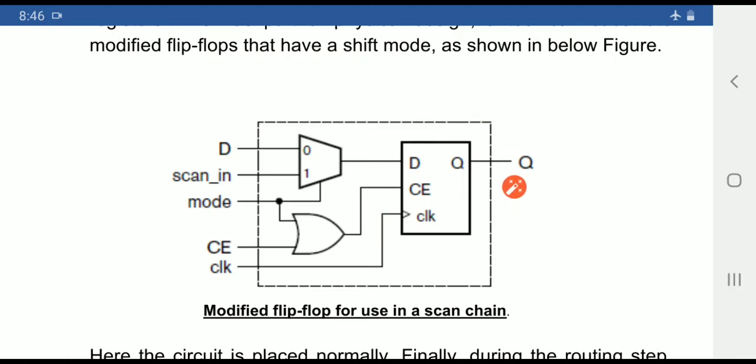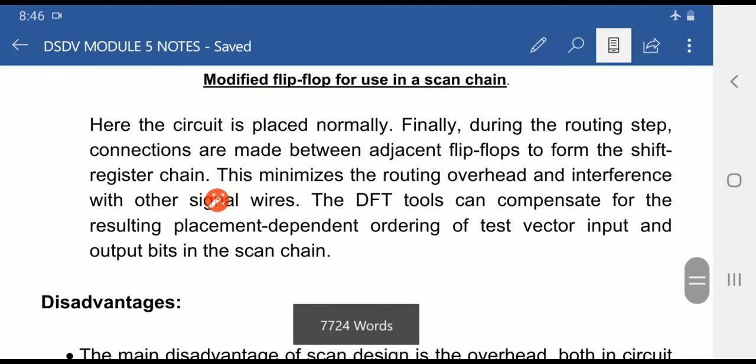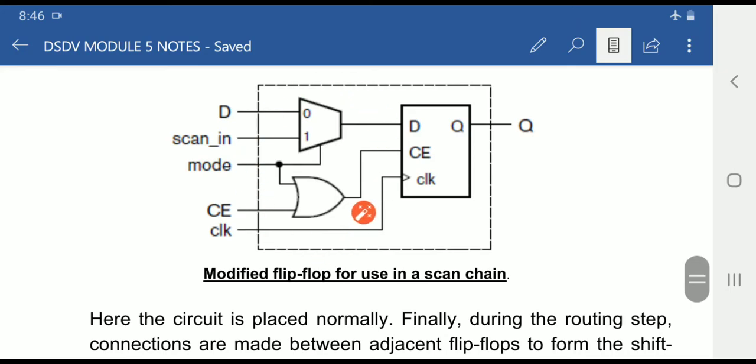So this is an advantage, but it also yields disadvantages of scan design. The disadvantage is the overhead, both in circuit area and delay, because we have added additional combinational circuits, and those will increase the delay and the circuit area.